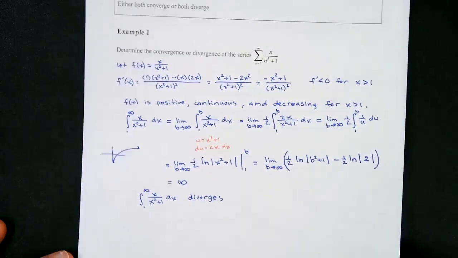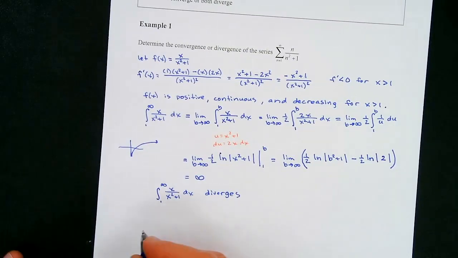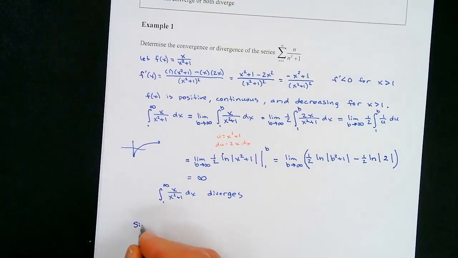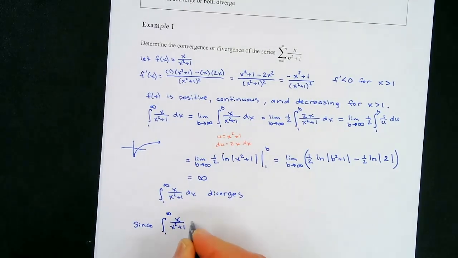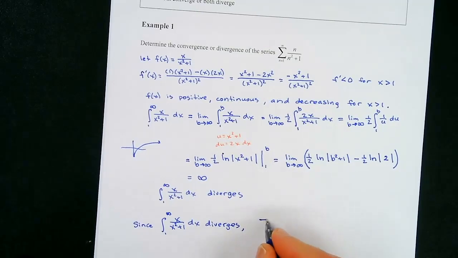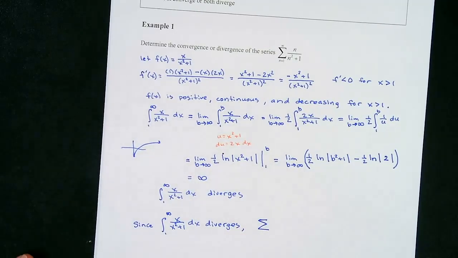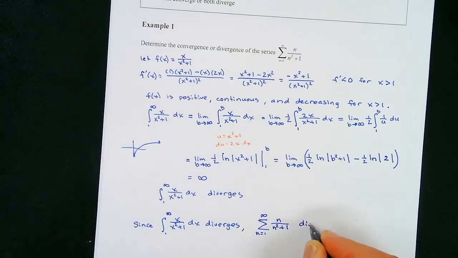Okay, so now what we know is that since the integral from 1 to infinity of x over x squared plus 1 dx diverges, the series n equals 1 to infinity of n over n squared plus 1 diverges.